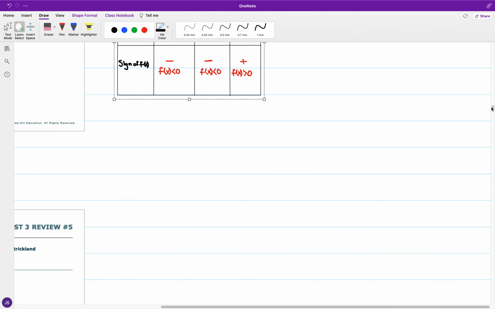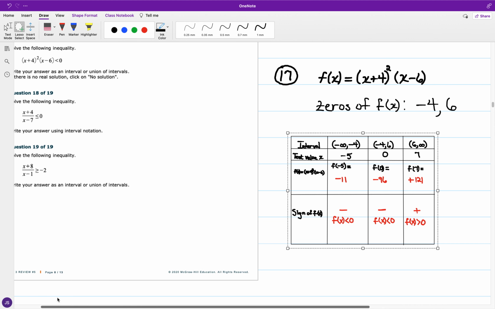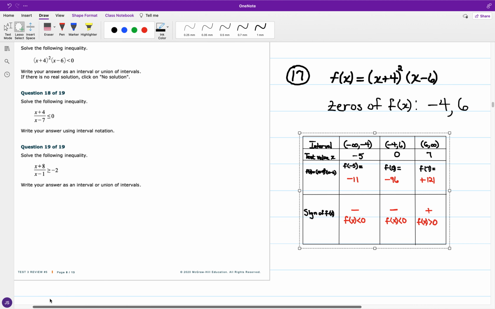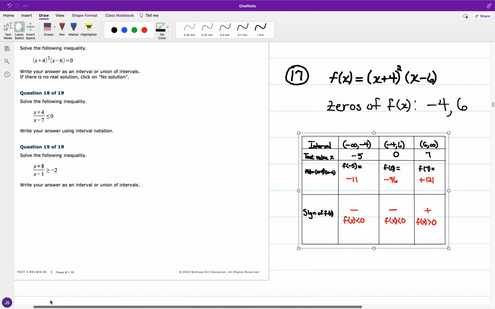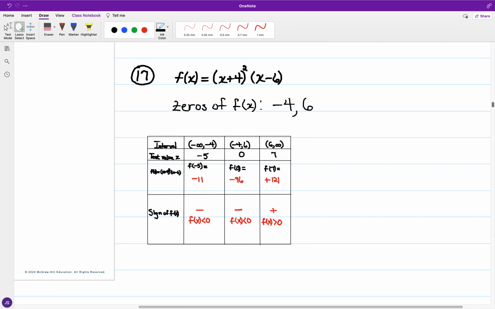All right, so we've got our table already established. And in the case of the inequality, we're looking at where the function is less than 0.